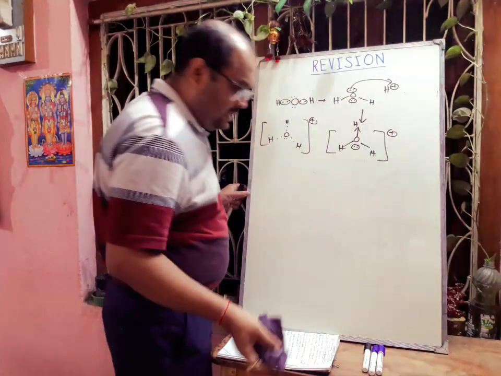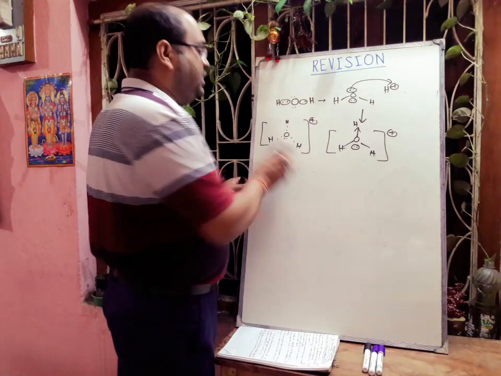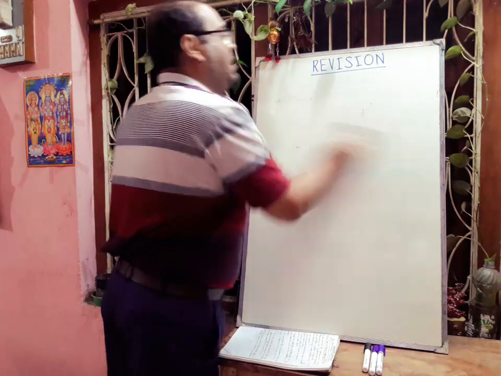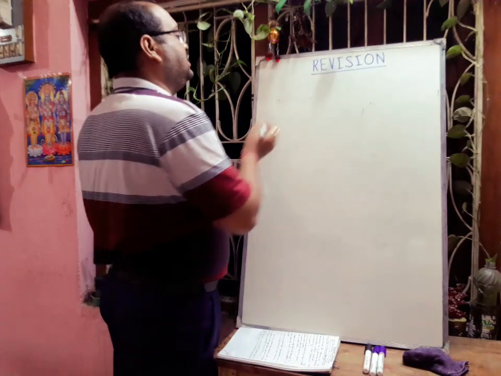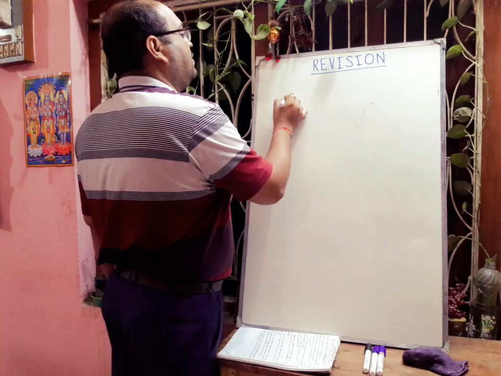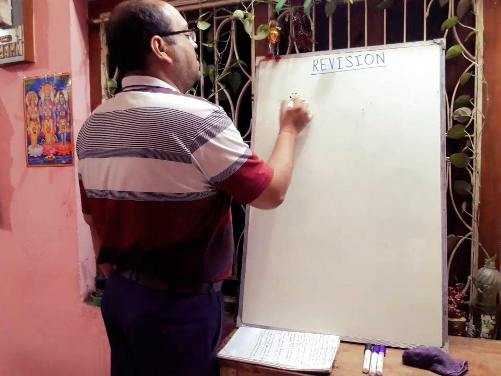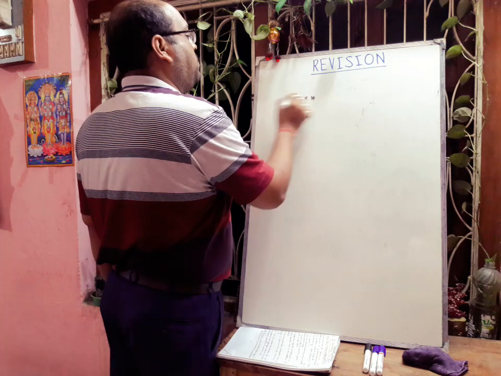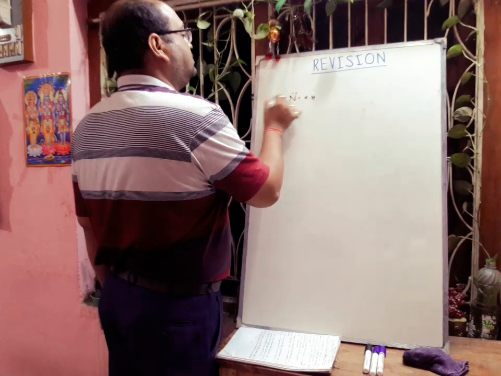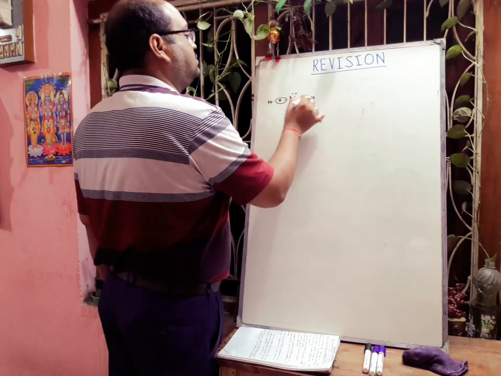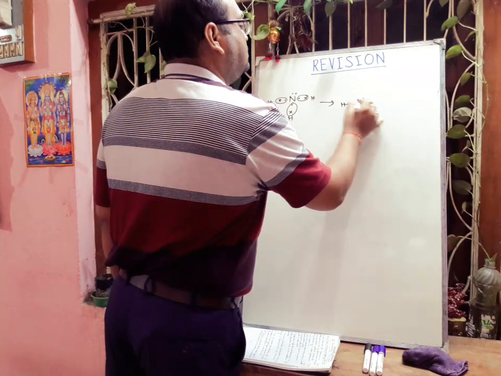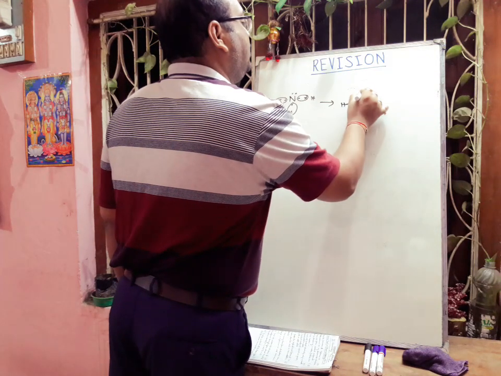Next one is the ammonium ion. For the ammonium ion, we have to draw the structure of ammonia first. So this is the structure of ammonia.